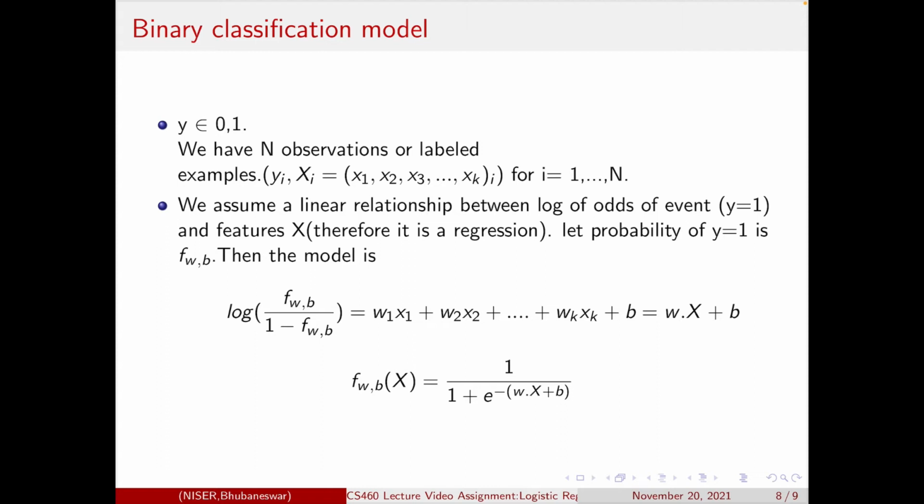A simple manipulation will give f of wb as a function of x, which is equal to sigmoid of wx plus b. So the model is simply the probability modeled as a sigmoid function.